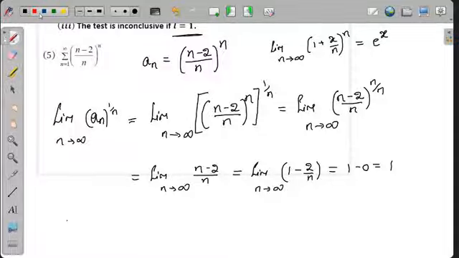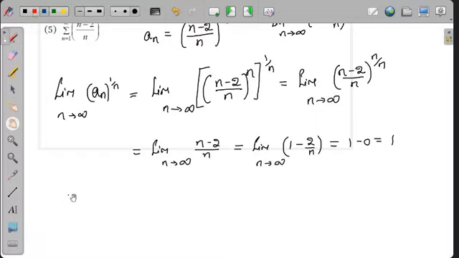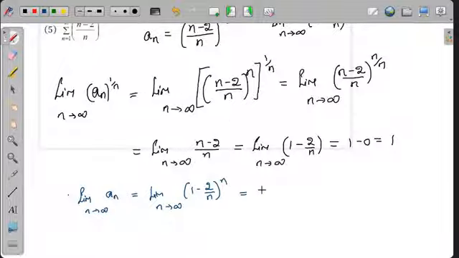Keeping this in mind, we can easily say that the limit of a_n, limit n goes to infinity of 1 minus 2 by n whole power n, converges to e power minus 2, and it's not equal to 0.